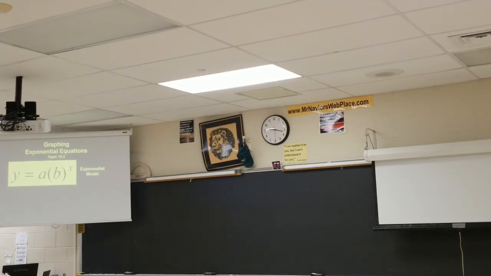Now, did you pick up on a couple things from just a quick little intro? The letter A, the number that is in front of the base, we call that starting value. Notice I didn't call it the y-intercept. I did that on purpose. I called it the starting value, but it does start on the y-axis. That's always going to be true.